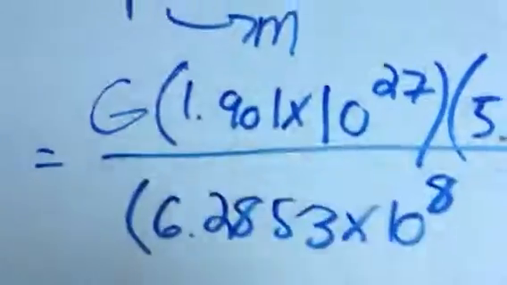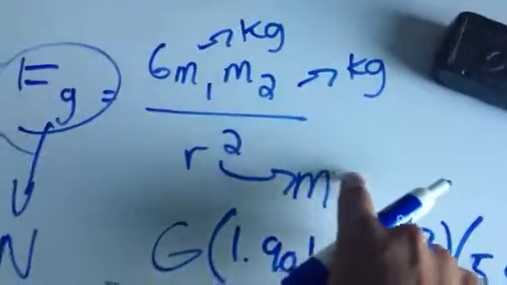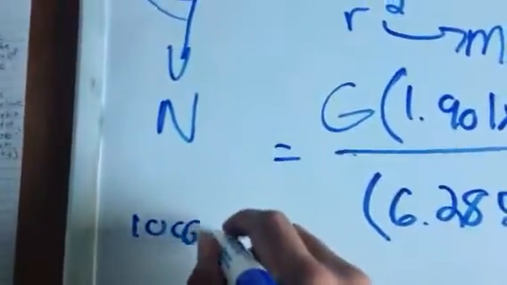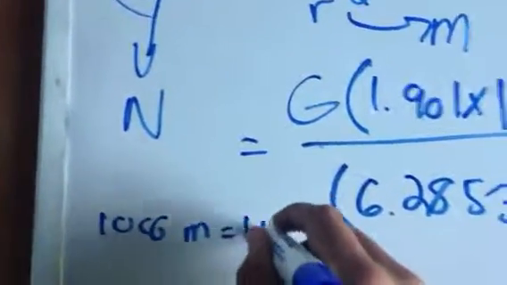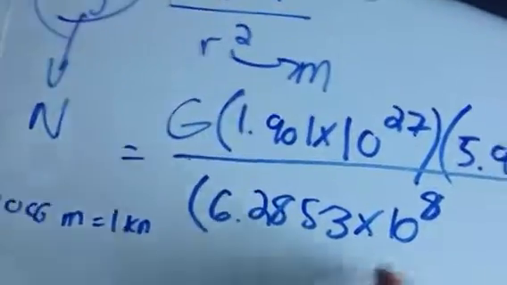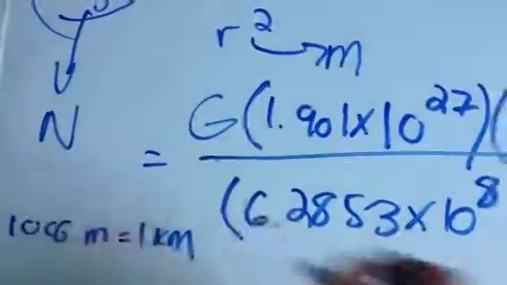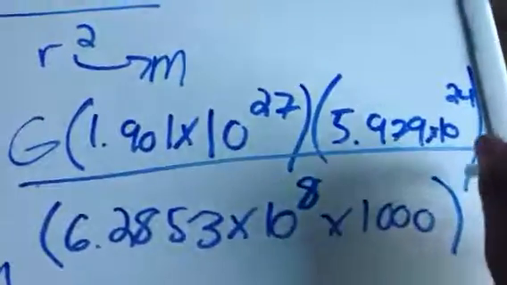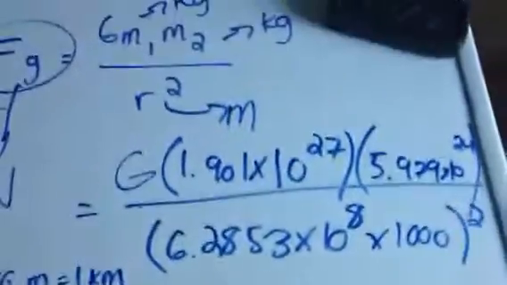However, like I said, we need to get into meters. So there's a side note. 1,000 meters equals 1 kilometer. So if this is in kilometers and we want to get into meters, we multiply this value by 1,000. And then we square this whole quantity.